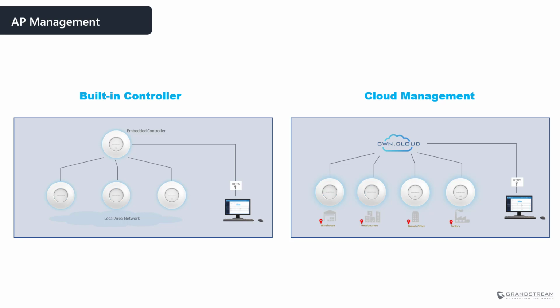The second type of management that Grandstream offers is the cloud management through GWN.cloud. Basically, the cloud management platform allows you to manage a limited number of access points spread across multiple locations, and you can manage them from one single interface.